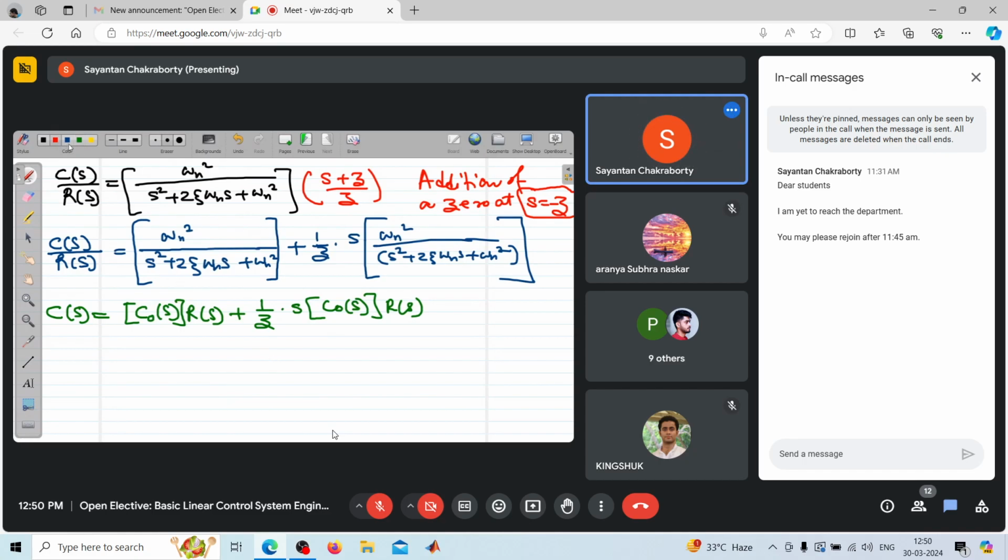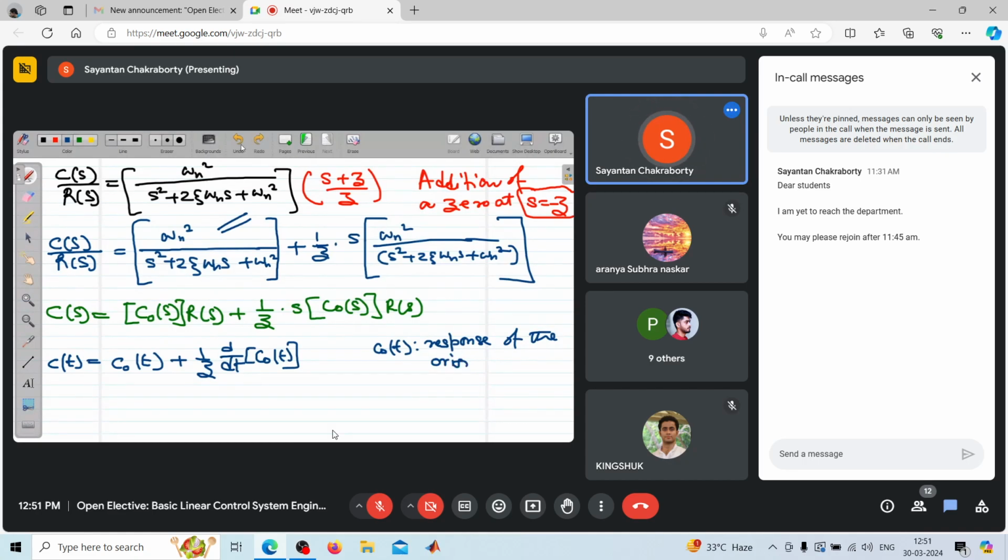Then what you can write? See, your C(t) will be, this is the same as C0(t), that is corresponding to the response we had for this system, plus 1 by z times the derivative of C0(t), where C0(t) is the response of the original system.